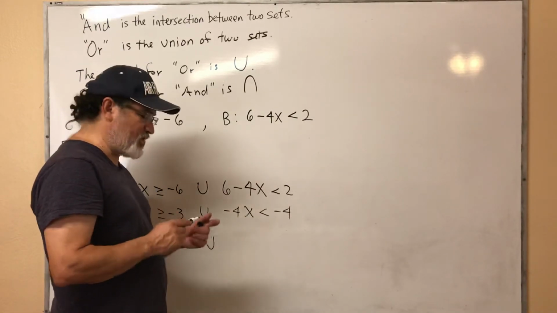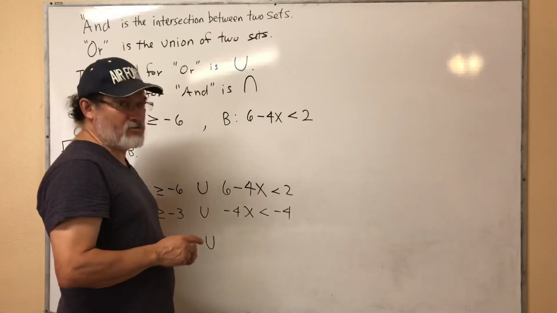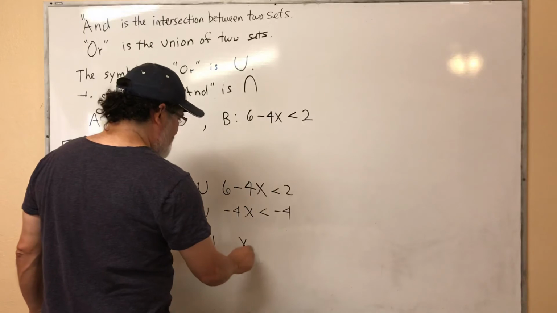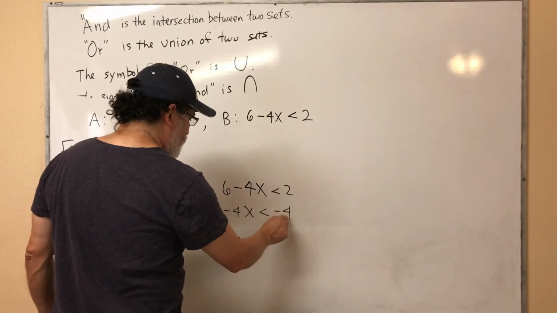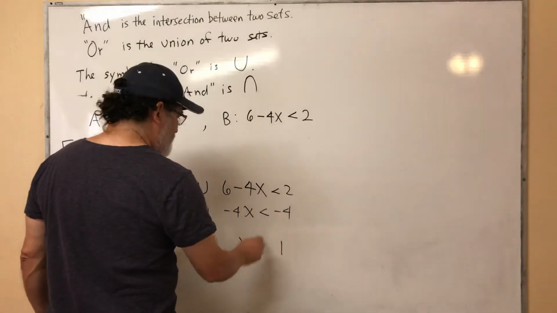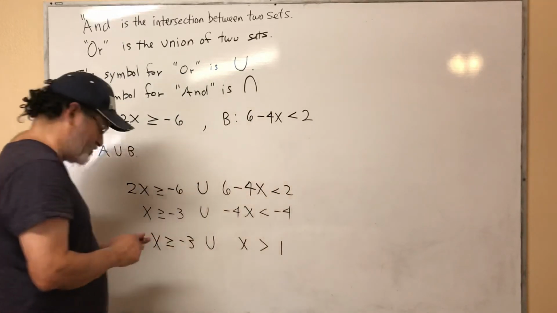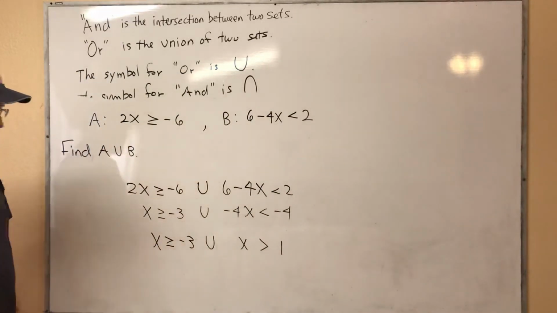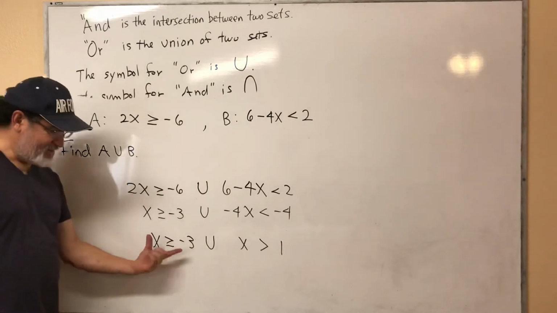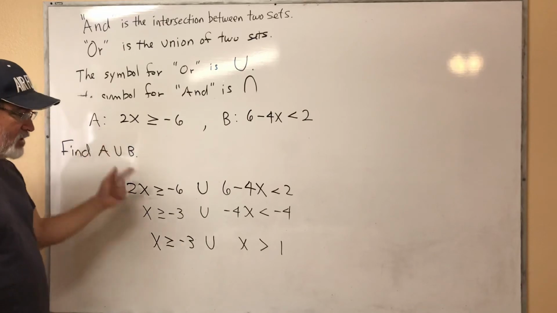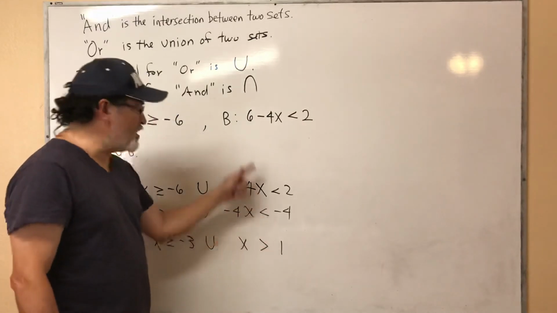What happens when you divide by a negative? The symbol reverses. So divide this by negative, you get x. Divide this by -4, you get 1. And the symbol is going to reverse. So there you go. Believe it or not, this is A in simplest form, and this is B in simplest form.